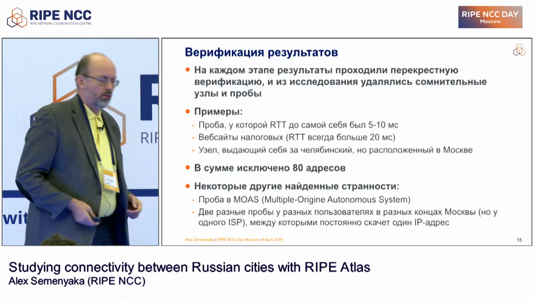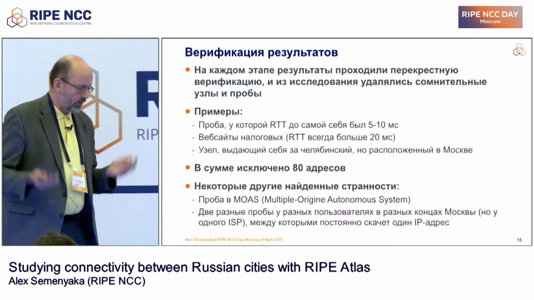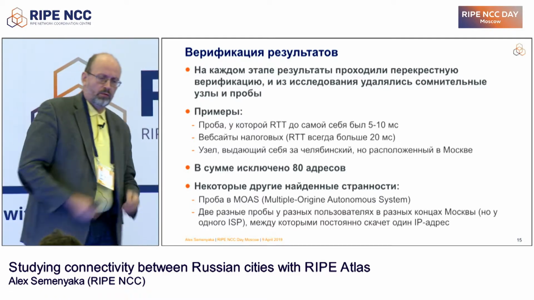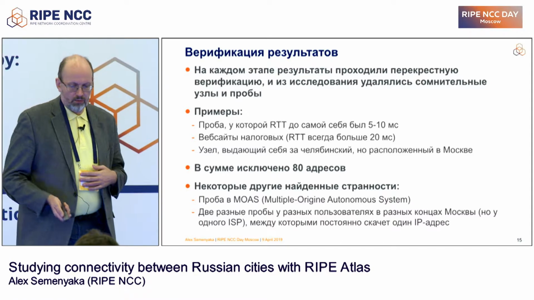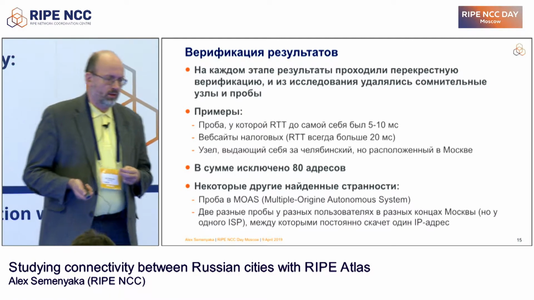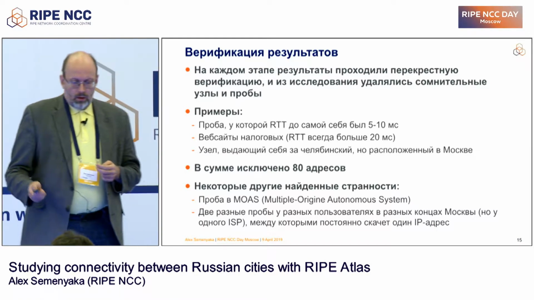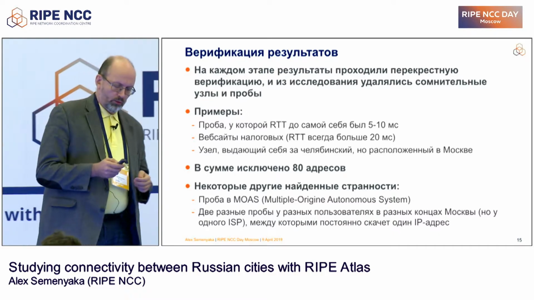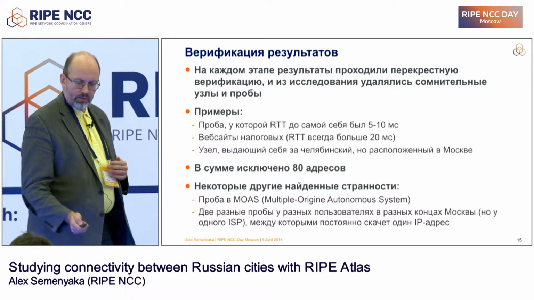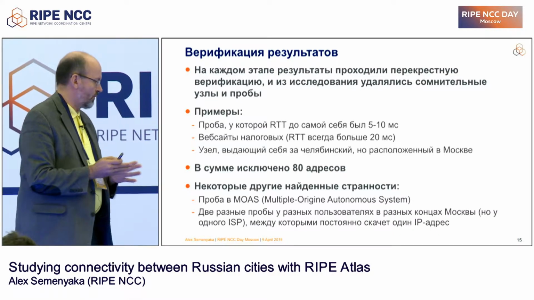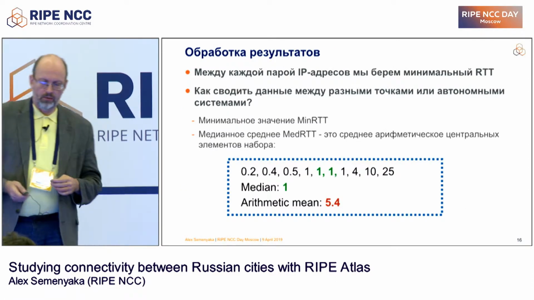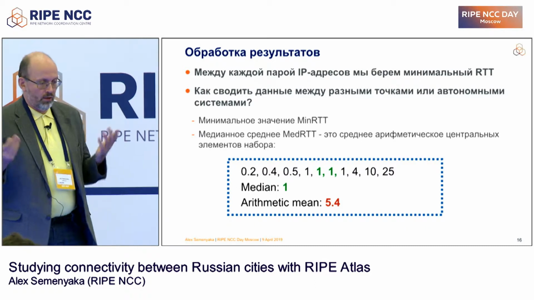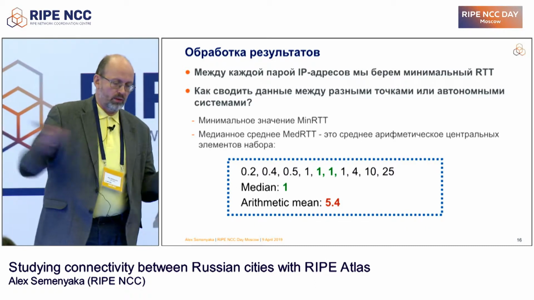Most likely, this can be explained through some kind of DDoS or anti-DDoS platform. So I had to filter all our measurements for those weird latencies. And there were other surprises like this.